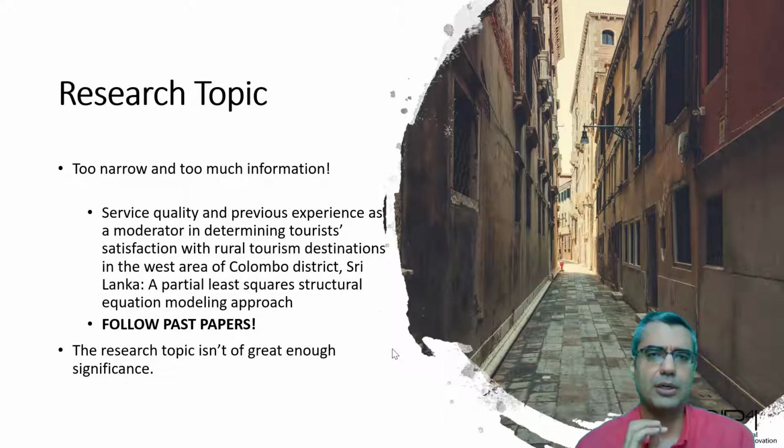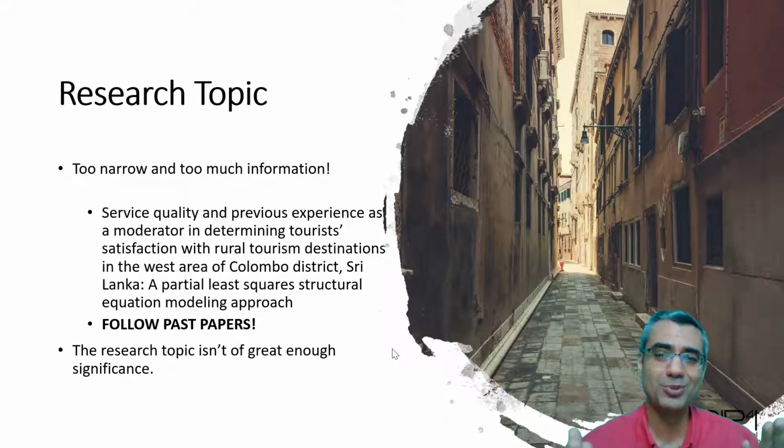They mention, or even other countries, even the Middle East, that there are already many studies in developed countries, so now we need to do one study in developing countries, right? Or there are many studies everywhere, but now we need to do one more study in, let's say, Sri Lanka, or in the west area of Colombo district in Sri Lanka.